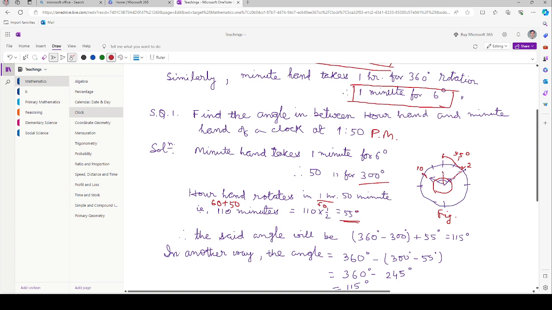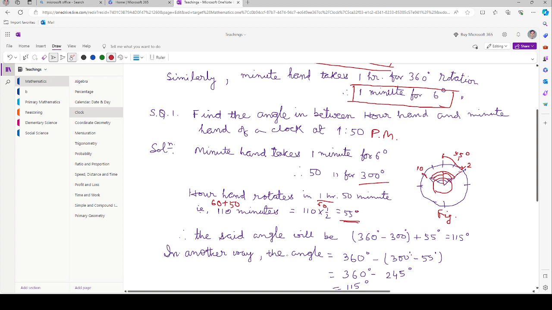Then we will get this angle. And finally, if we add 55 degrees with this angle, then we will get the total angle. So this angle will be 360 minus 300 degrees plus 55 degrees equals 115 degrees.